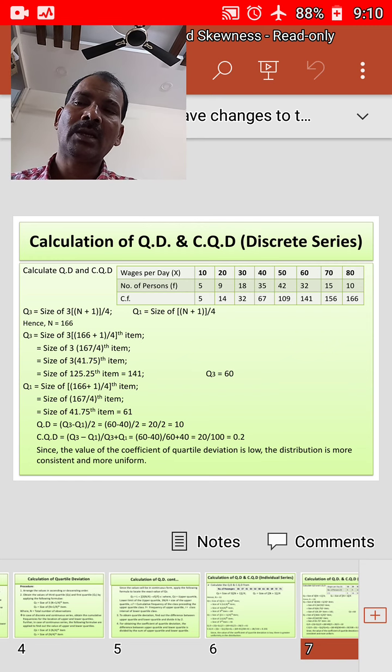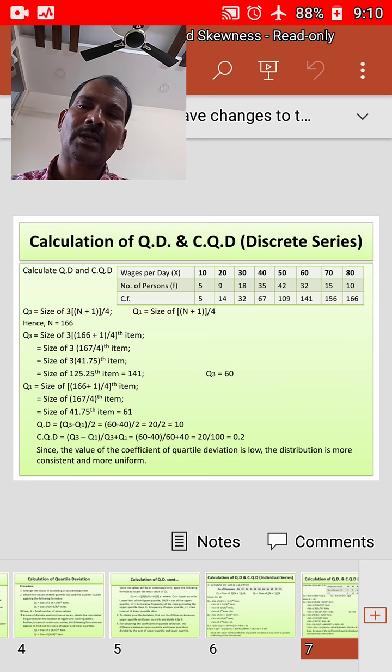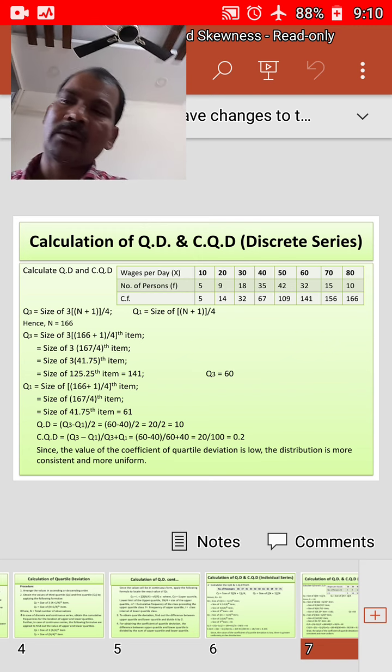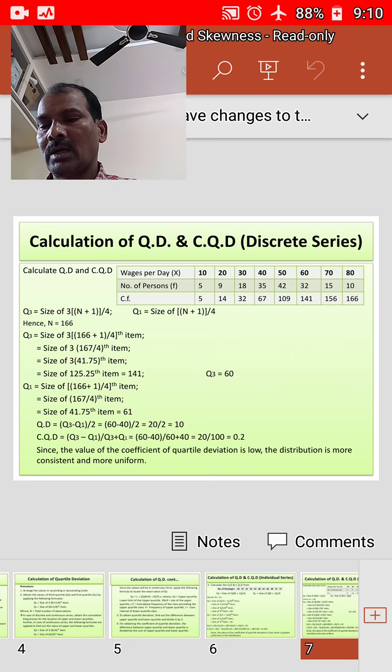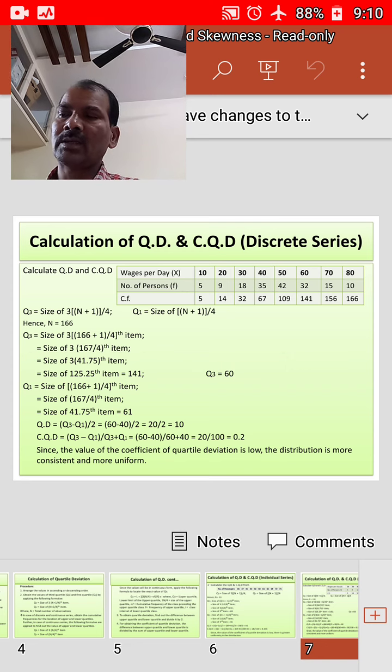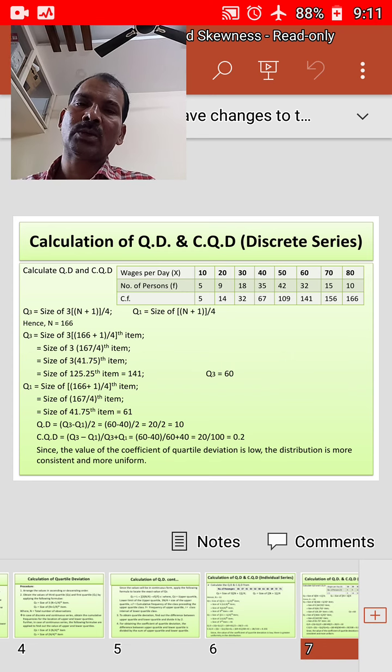But relatively, mission 2 is considered to be more consistent, because this is revealed by the coefficient of quartile deviation for both the missions. The coefficient of quartile deviation value of the first mission is 0.28, whereas in the second mission it is 0.23.